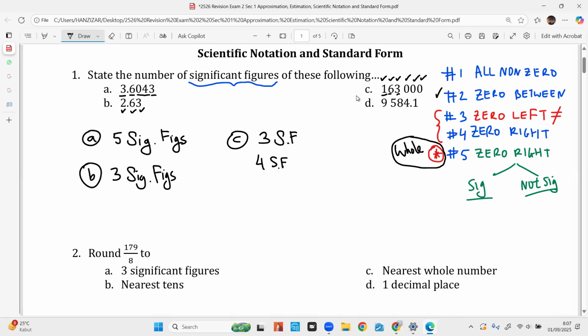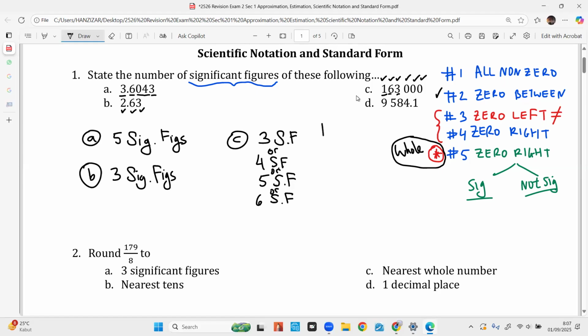So we have so many options for question 1C. Okay, so if you just answer one type of significant figures, you are still getting full marks. So it's either 3 or 4 or 5 or 6 significant figures.